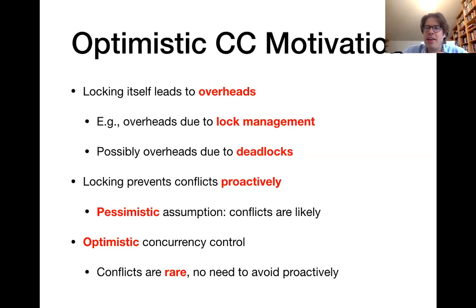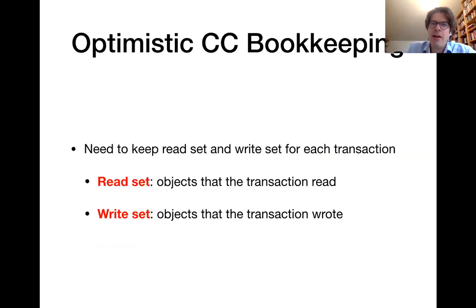So let's first get some overview of how optimistic concurrency control can work. In order to make it work, we first of all need to do some bookkeeping. For each transaction, we need to keep track of the objects that the transaction has read and the objects that the transaction has written. This is what we call the read set and the write set in the following.